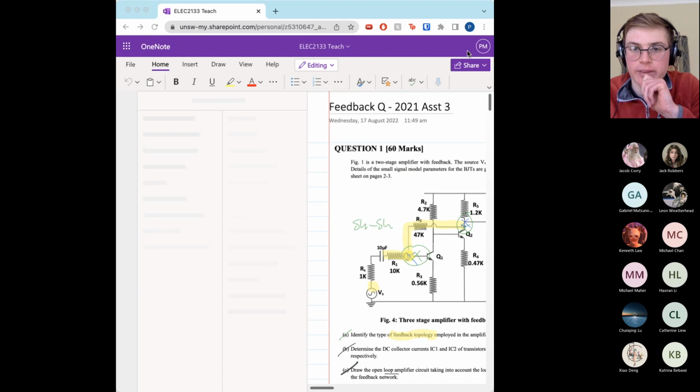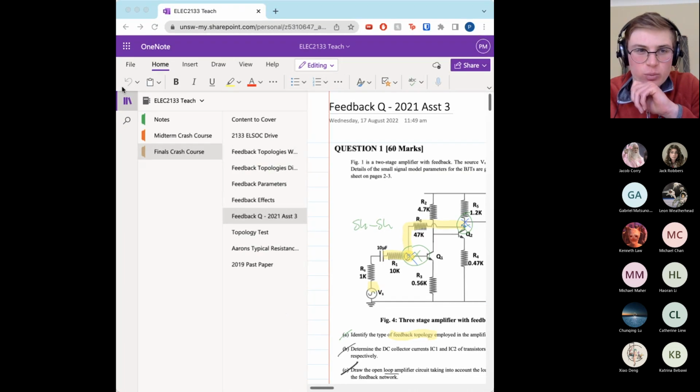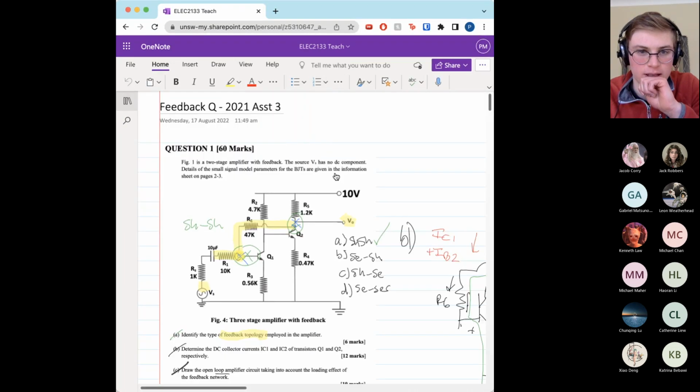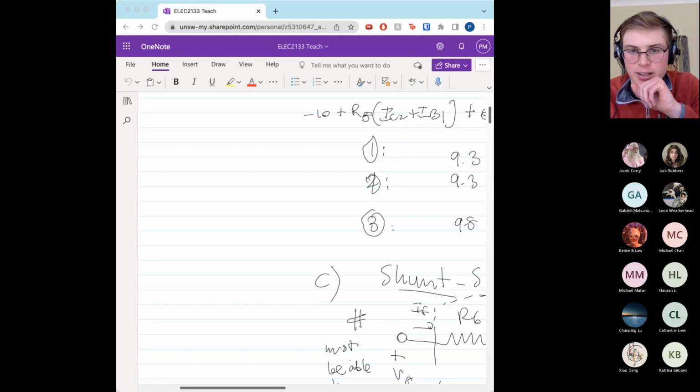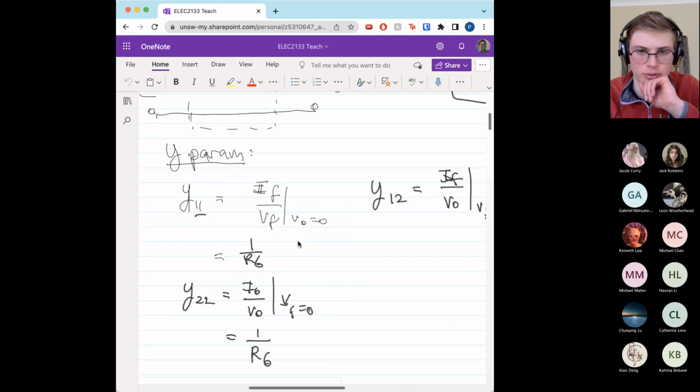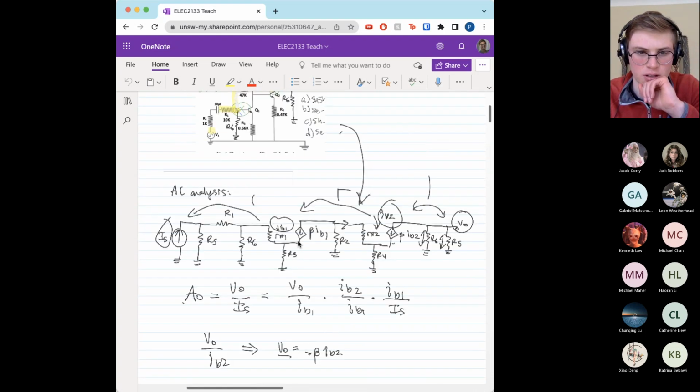Does anyone want me to stop this and have a look at more of a waveform generator sort of question, or are we happy with the level of detail that this is going into with these sorts of questions?